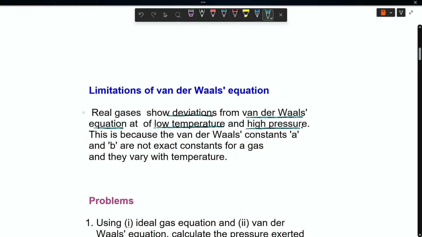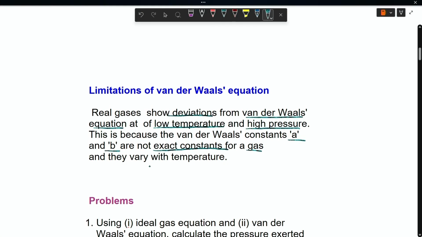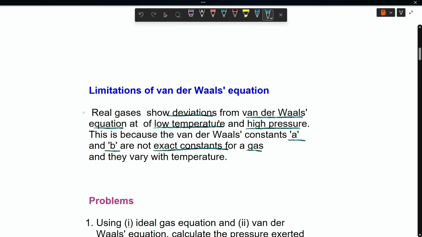The same problem was met with the real gas equation too, and to modify that, van der Waals equation was introduced, and again even then they show deviations at low temperature and high pressure, and this is because the van der Waals constants A and B are not exact constants for a gas. For real gases, they do not remain constant and they vary, and that is the reason why there is a deviation in lowering of temperature and increasing the pressure.